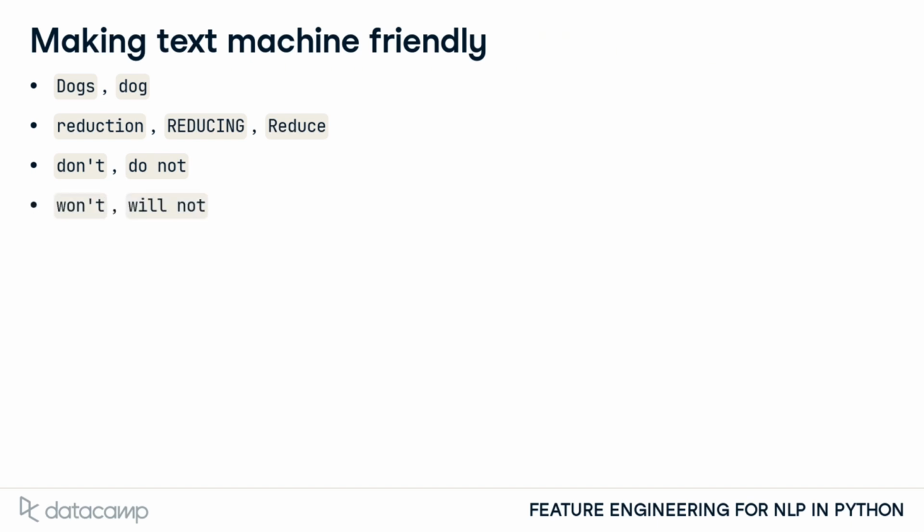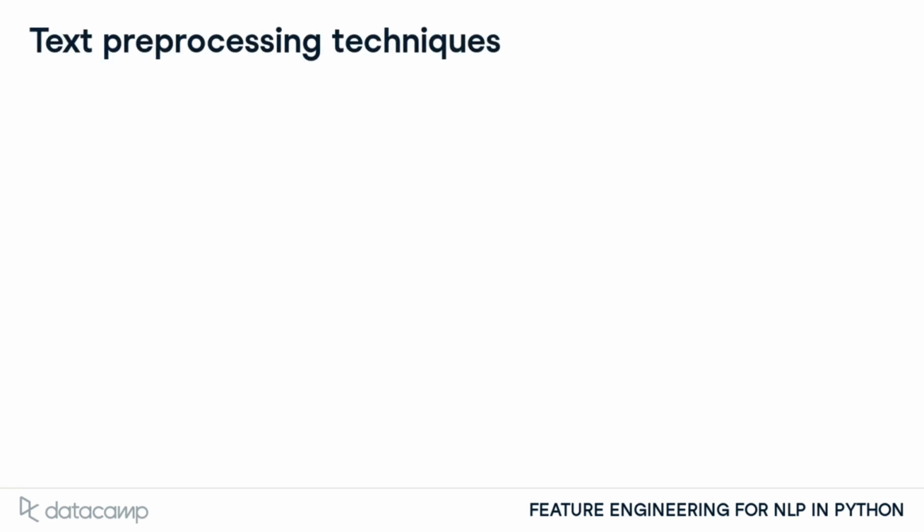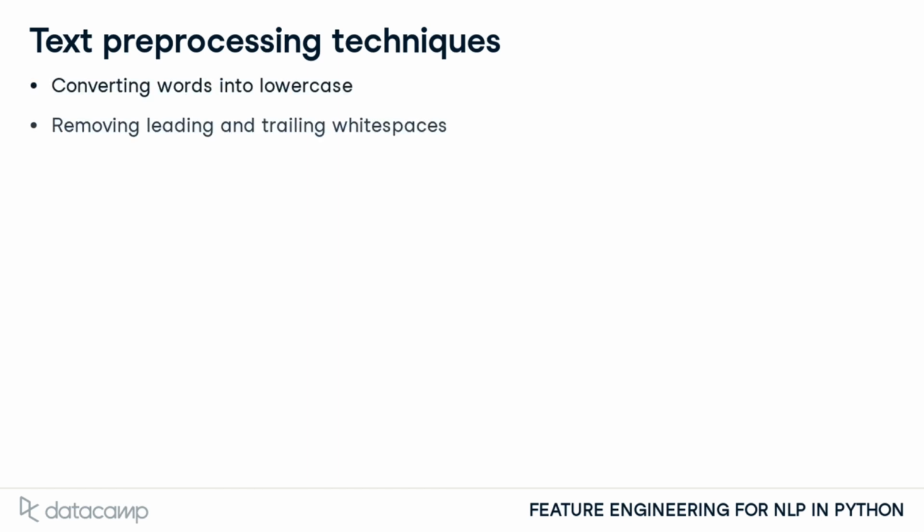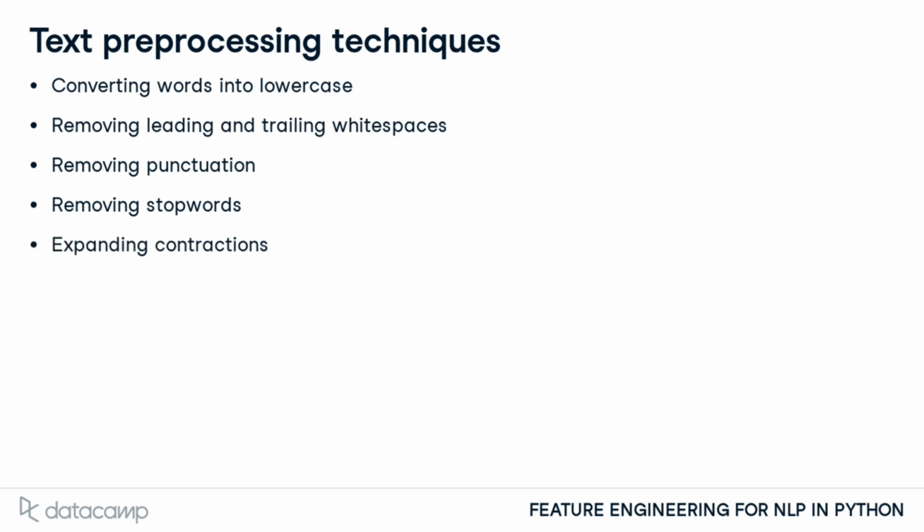In the next couple of lessons, we will learn techniques to achieve this. The text processing techniques you use are dependent on the application you're working on. We'll be covering the common ones, including converting words into lowercase, removing unnecessary white space, removing punctuation, removing commonly occurring words or stop words, expanding contracted words like don't, and removing special characters such as numbers and emojis.